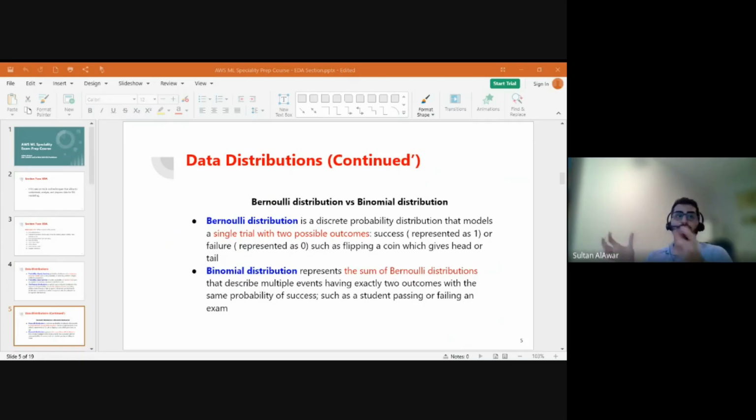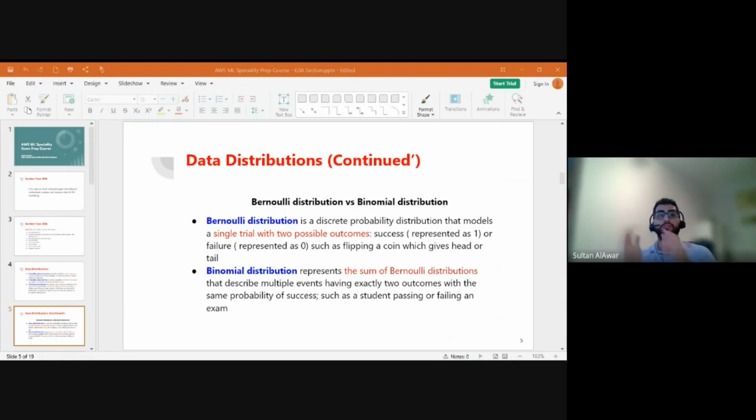It describes multiple events with exactly two possible outcomes with the same probability of success or failure, such as the probability of a student passing or failing an exam, or the probability of a team winning a championship. So here you have multiple trials, but two possible outcomes, either success or failure.